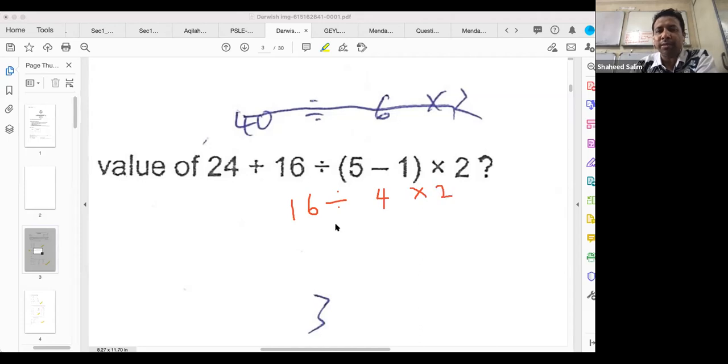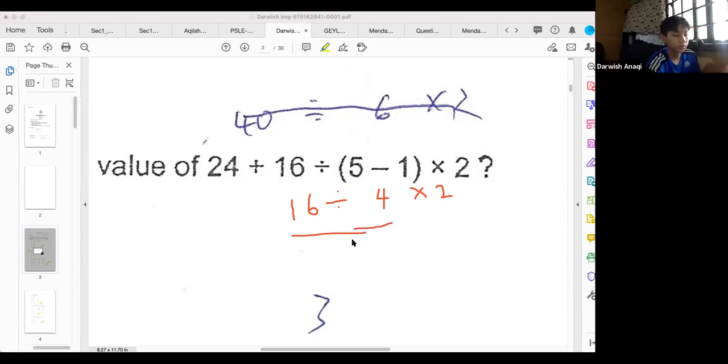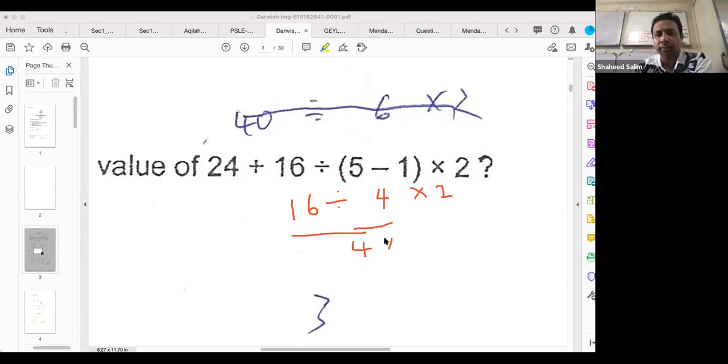When you have times and divide, do the left one first. 16 divided by 4, you get? 4. 4 times 2? 8. If you do the other way, 4 times 2 is 8, 16 divided by 8 is 2. Can you see it's a different answer?